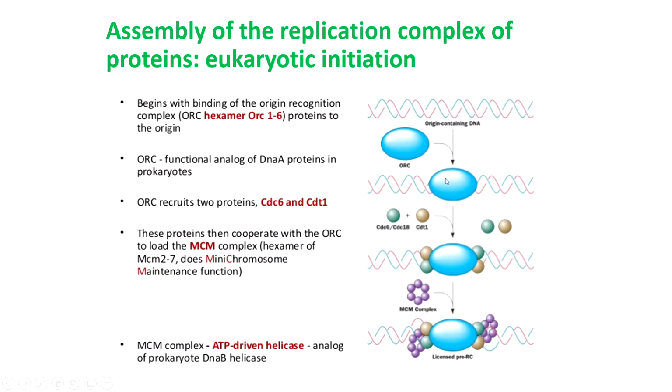They're DNA binding proteins, so they're going to bind to this DNA at this very specific site. And then it's going to recruit some other proteins to it. And then those proteins work together with the ORC to recruit the MCM complex, which is very much like the helicase in bacteria. And so the MCM is what's going to travel along and keep the replication bubble opening at the two replication forks.